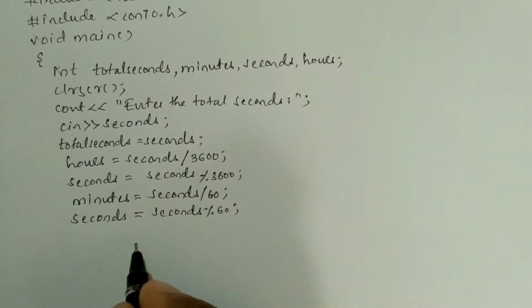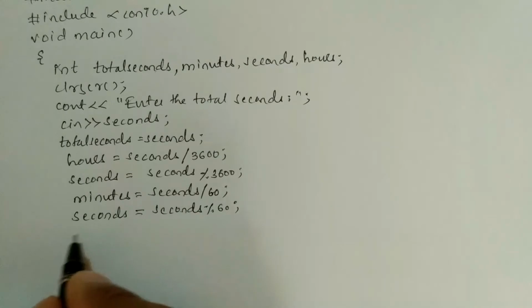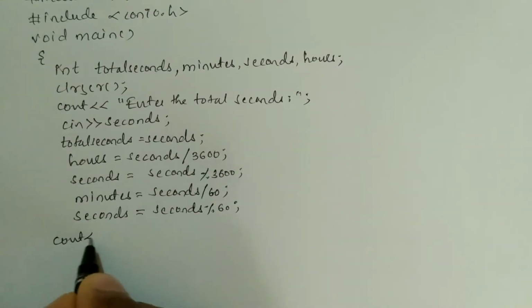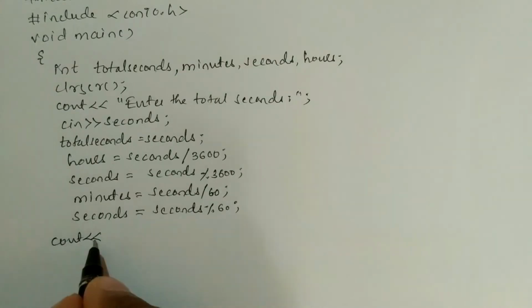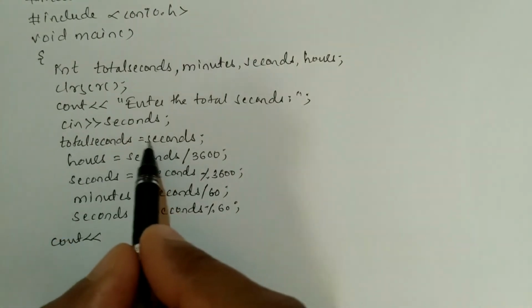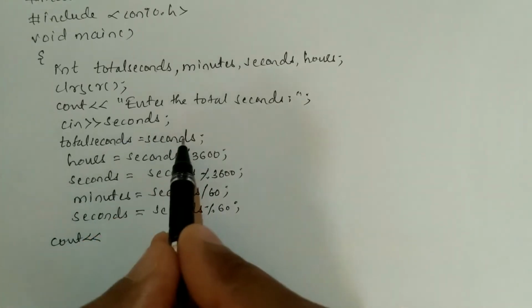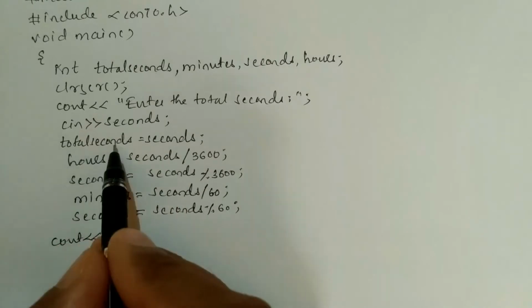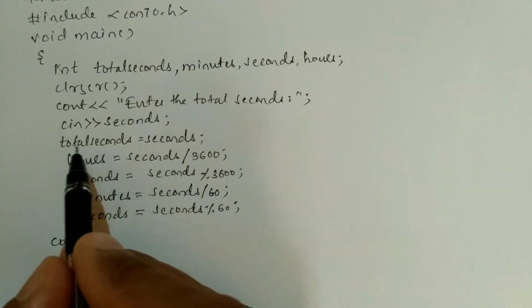Now we have to print the number of hours, minutes and seconds using cout statement. So cout stream insertion operator, and here we have seen that the original value entered by the user in the variable called seconds is equated to total seconds in order to keep the original number of seconds intact.